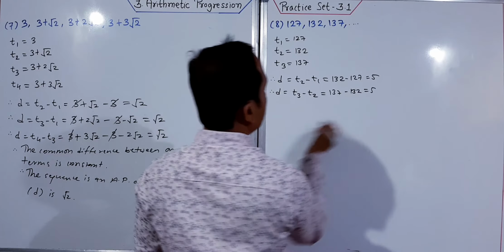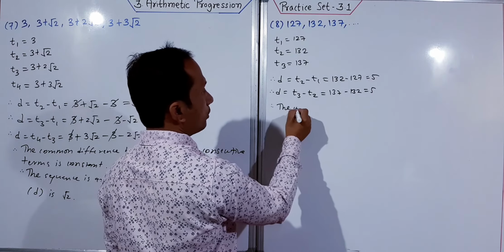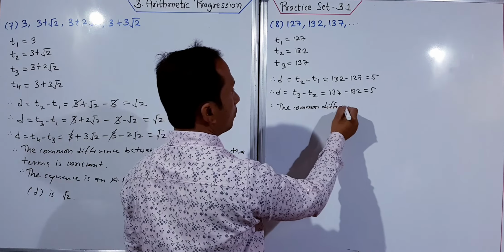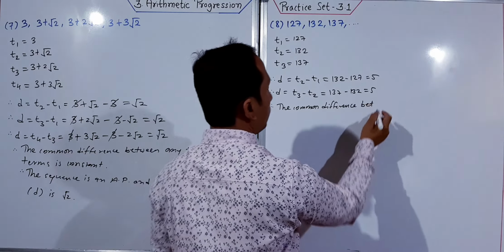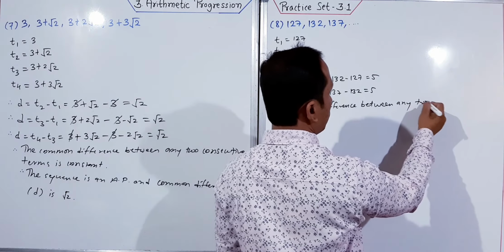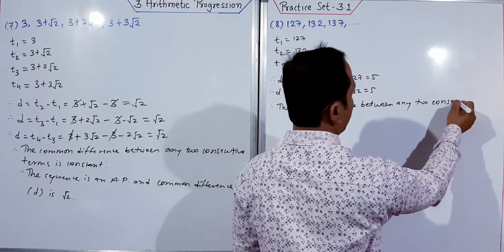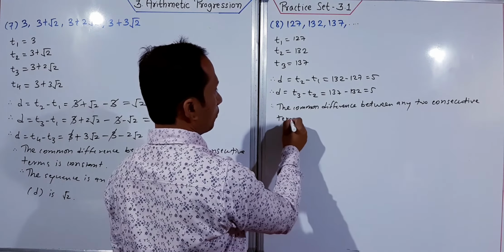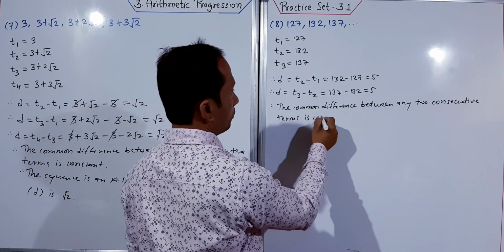So therefore the common difference between any two consecutive terms is constant.